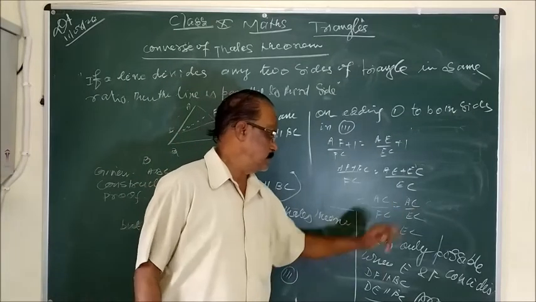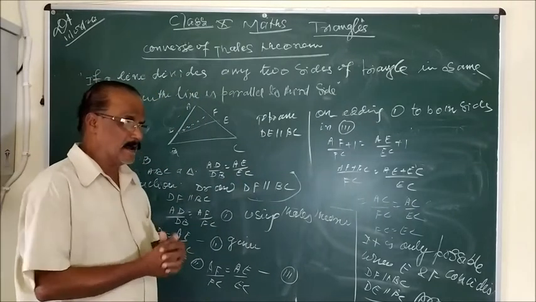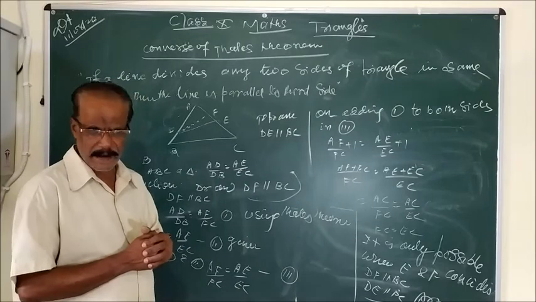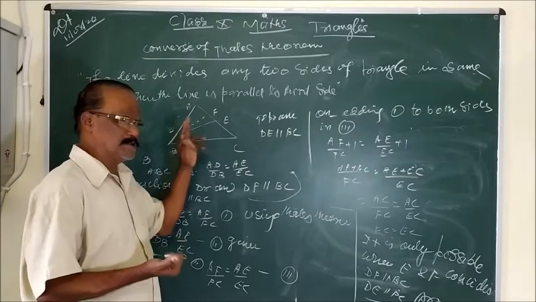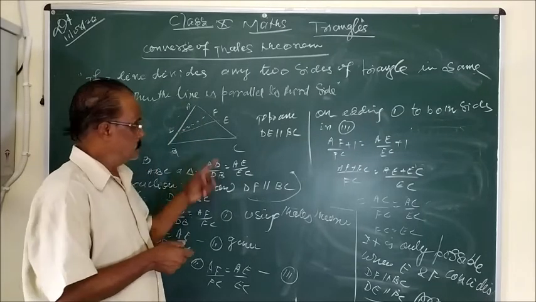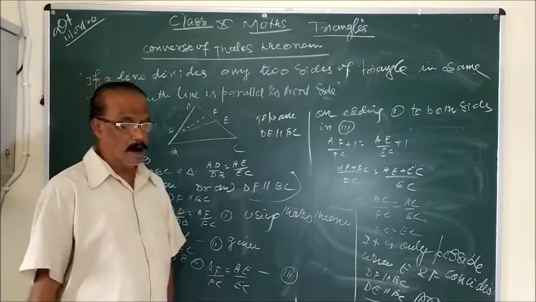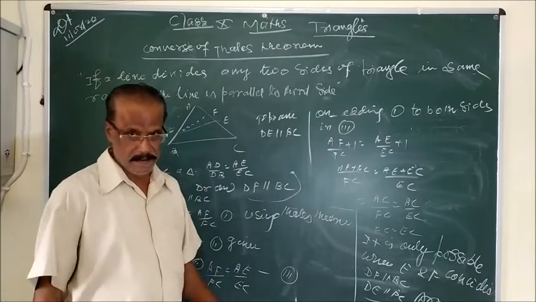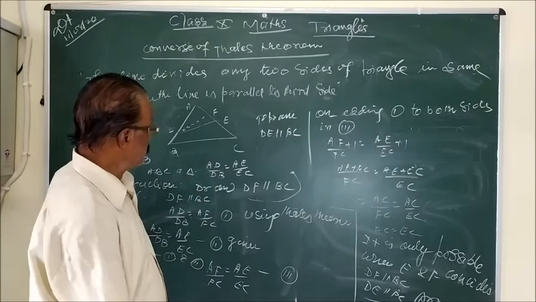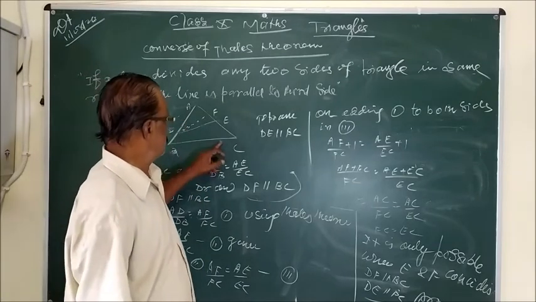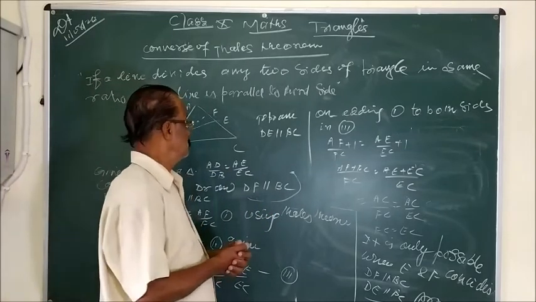So FC is equal to EC. This result looks impossible on the basis of the drawn figure, and this is only possible when E and F are not two different points. They are a single point, they are coinciding, and therefore, since we drew DF parallel to BC, DE is also parallel to BC.